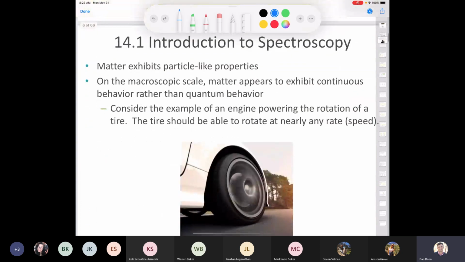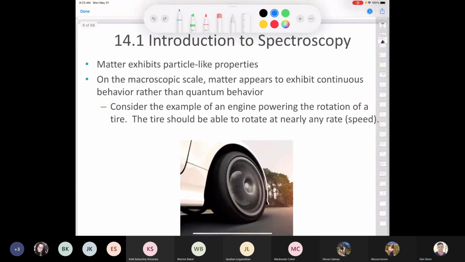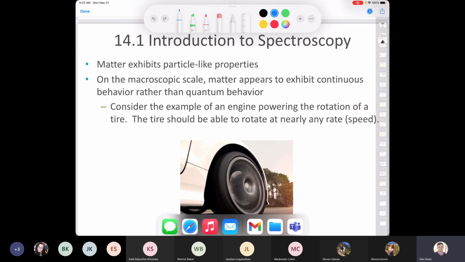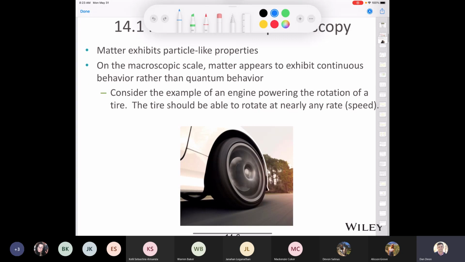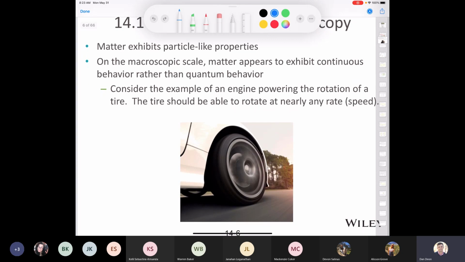Well, let's talk a little bit more about the whole concept of matter at the macroscopic scale and the microscopic scale. So it says here that matter exhibits particle-like properties, whether it's a baseball or the wheel on a car, or something really small like a molecule.